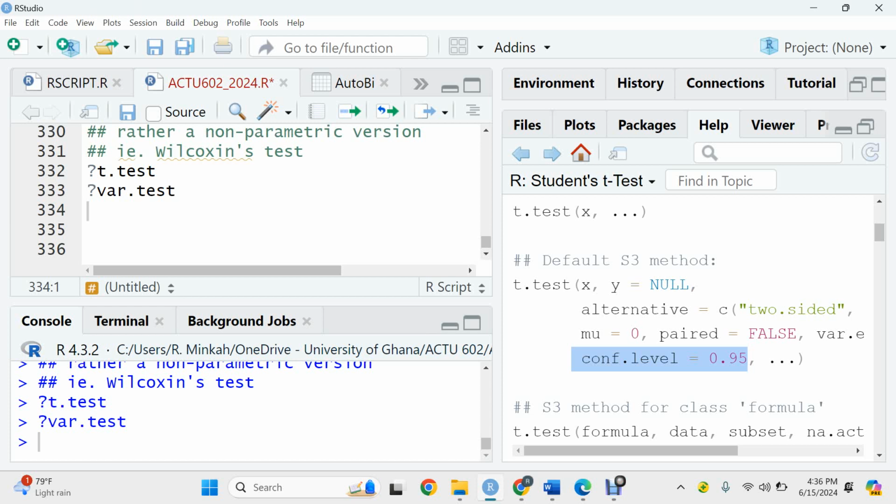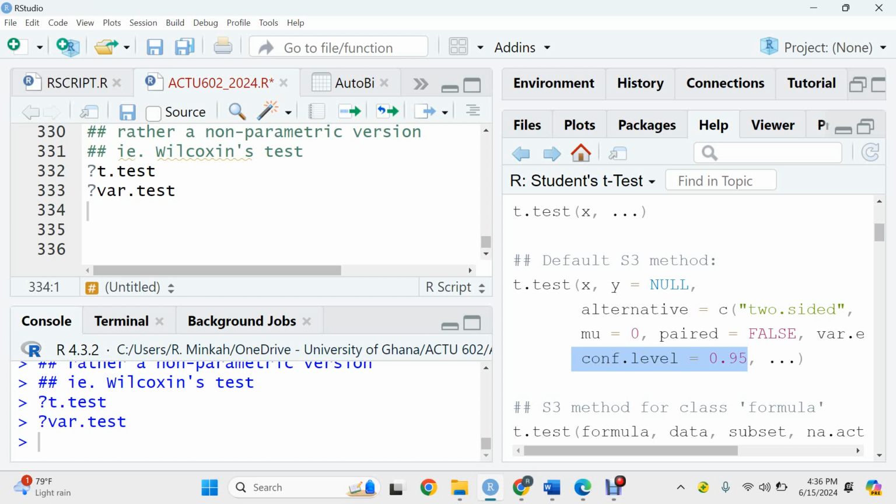Okay, so let me end here. Remember that whenever we are doing a hypothesis test, there is a confidence level. It is not always 95. If you go to the health people, sometimes they require a higher level.